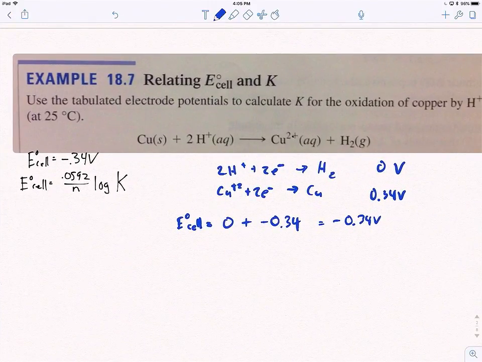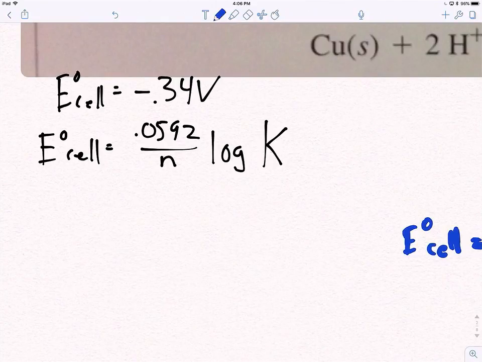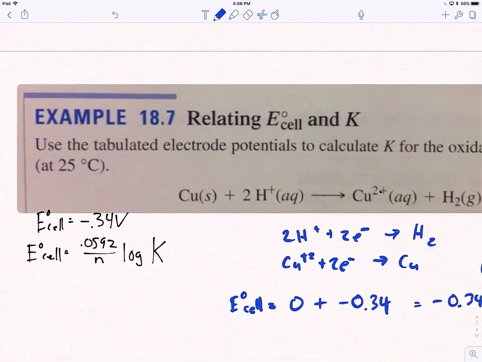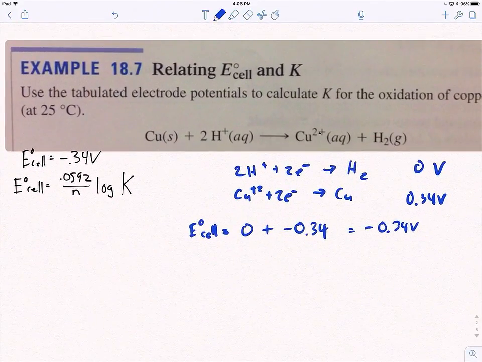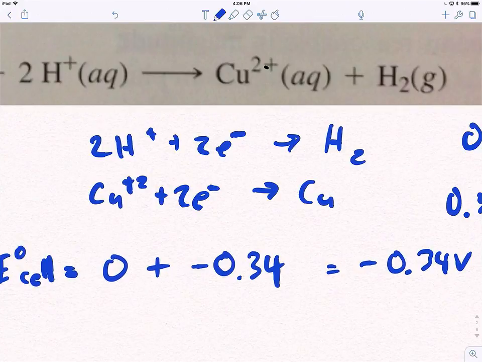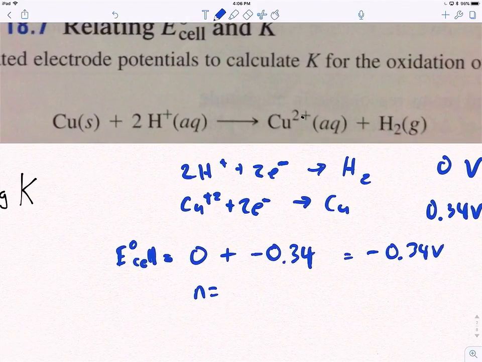So then we have the E0 cell, and we have this equation here, and we want to know the equilibrium constant, to calculate K. So we have to do the moles of electrons. What is our N? How many moles of electrons are we transferring in this chemical reaction? 2.